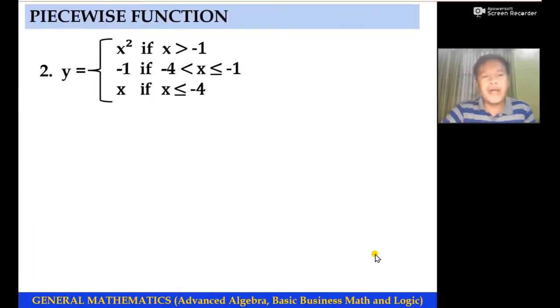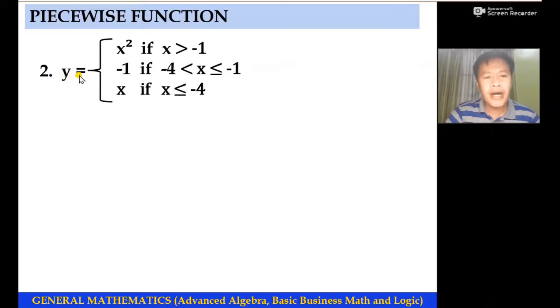Now we will proceed with the second function, which is composed of three different subfunctions with definite subdomain for each function. Take note, each subfunction has a definite rule because our first function is a quadratic function. The second function is just a horizontal line, or this is a constant function. And the third function is again an absolute value function because that is y is equal to x.